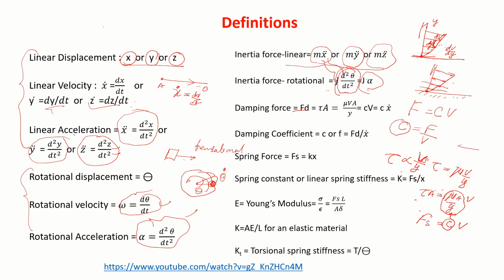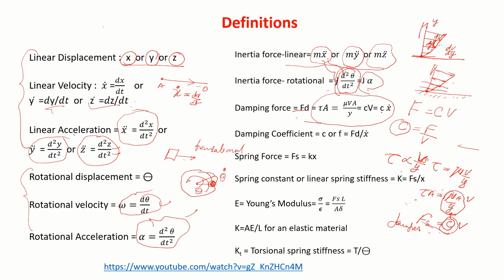So a damper is a device which dissipates this energy, and its damping capacity we can represent by this damping coefficient C. This is what exactly we do in automotive dampers. Using this idea, we design this and we dissipate the energy.